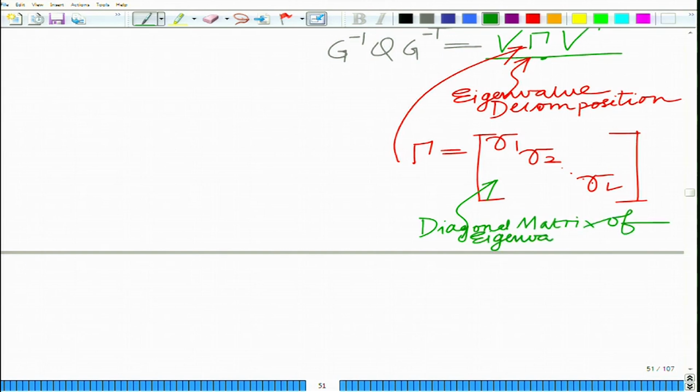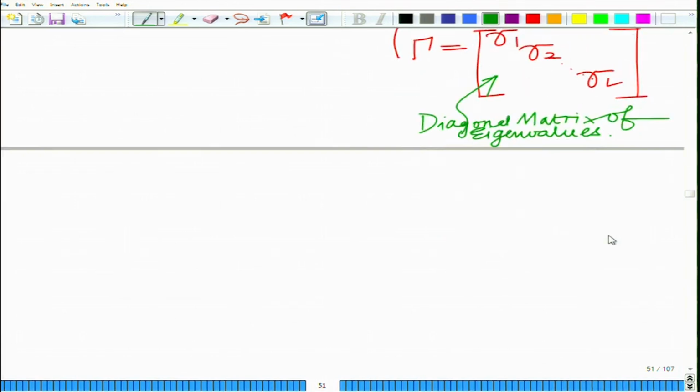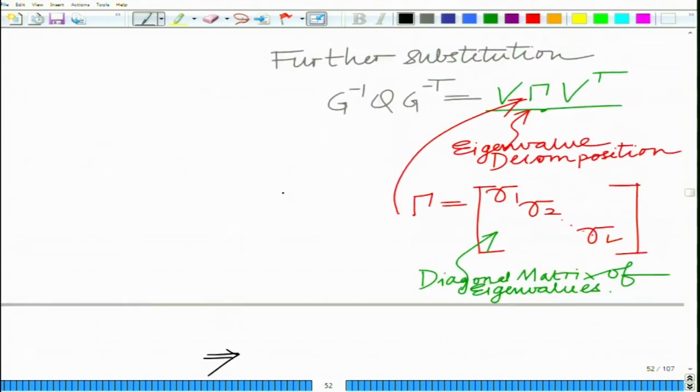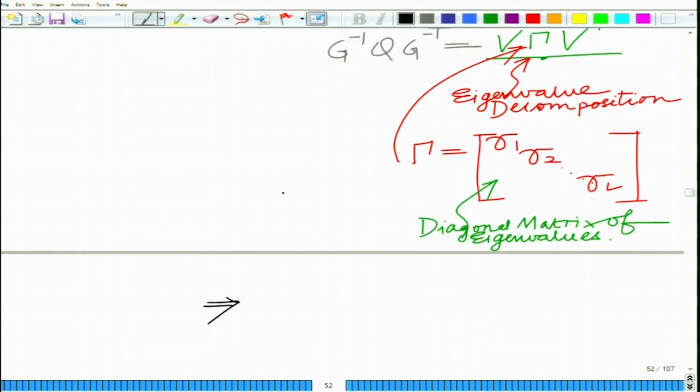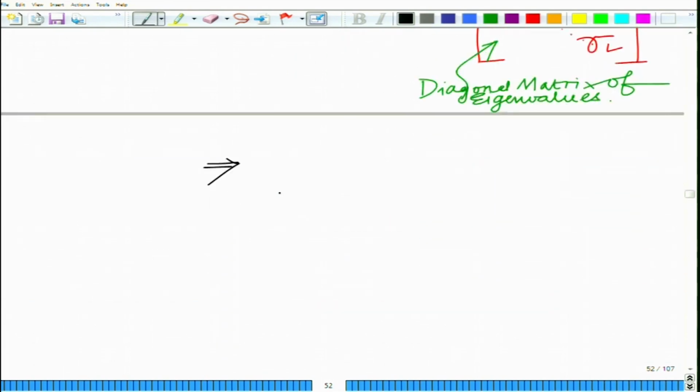Once you employ this substitution that we outlined above, G inverse Q G minus transpose, equals V gamma V transpose.